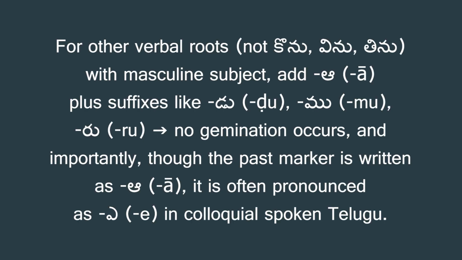For other verbal roots, not konu, vinu, tinu, with masculine subjects, add a plus suffixes like du, mu, ru. No gemination occurs, and importantly, though the past marker is written as a, it is often pronounced as i in colloquial spoken Telugu.